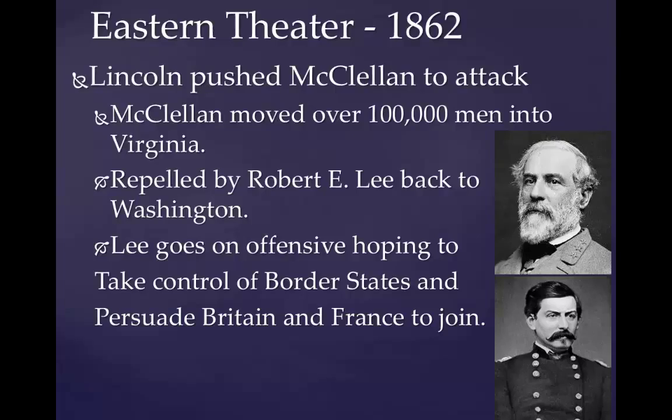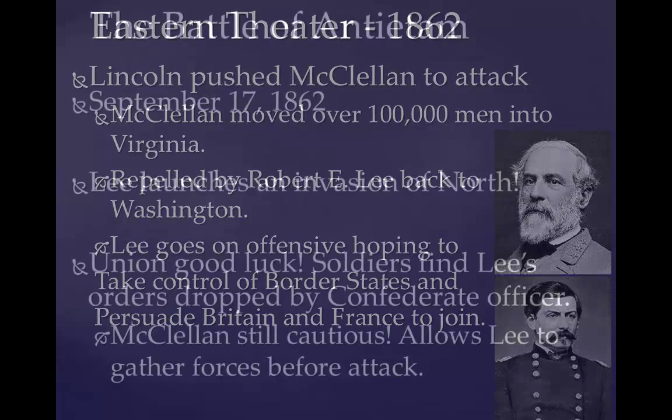There was this big belief about King Cotton, that the cotton industry in the South was vital to these European countries, so that if they didn't get this cotton, they would ultimately be worried about it and recognize the South and help them in the war. That was the hope, at least. So by making an offensive move here, he's hoping to convince them to actually get into the war.